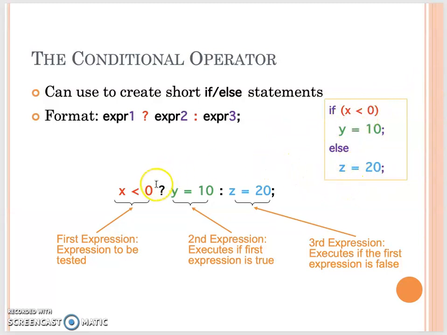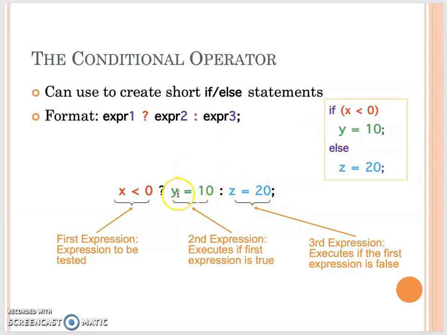Again, the conditional operator has three operands. Before the question mark is the condition, but it's different from the if-else statement. In the if statement, we have to put the condition in parentheses, but for the conditional operator, you don't really need parentheses. Then you have two more operands.